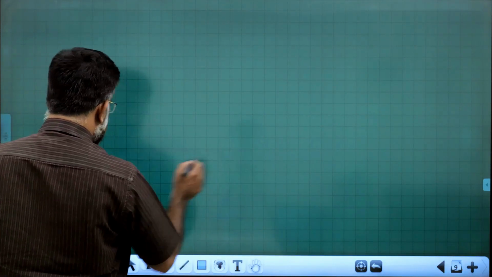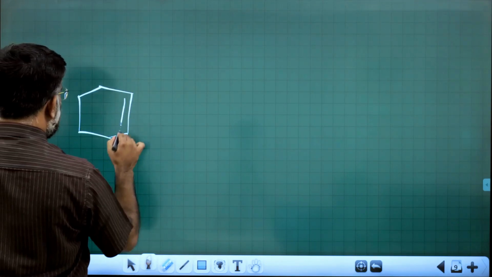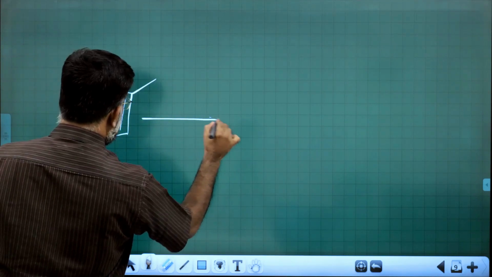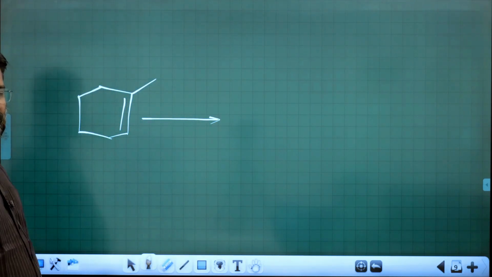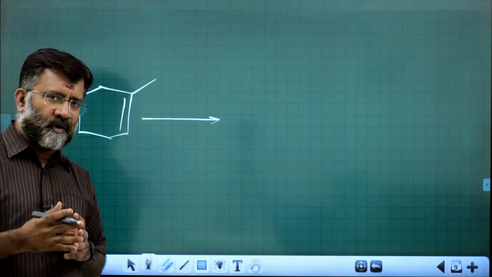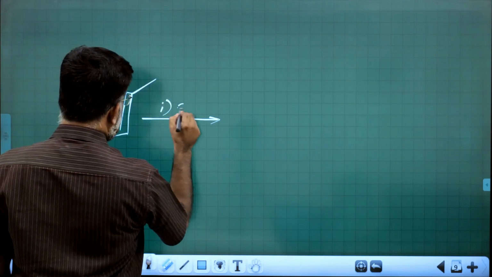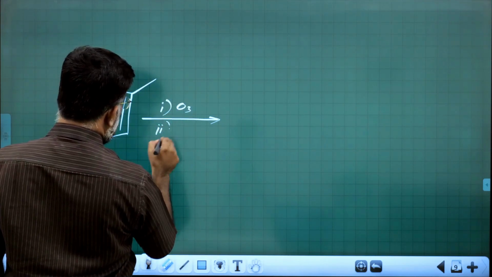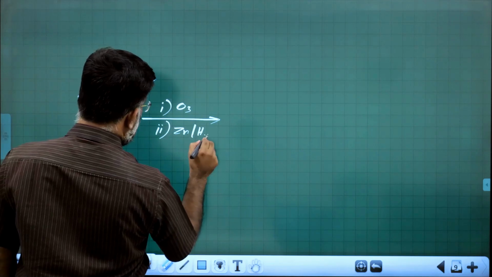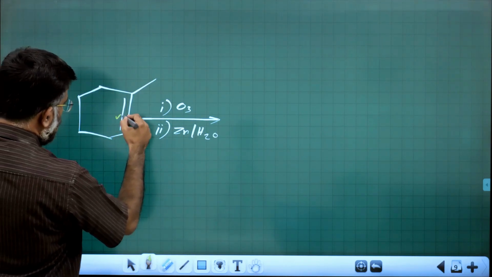Say for example, suppose it is given, methyl cyclohexene. Methyl cyclohexene, when treated with ozone first, followed by zinc and water, what will be the product formed? See, we can easily predict it is going to cleave over here.